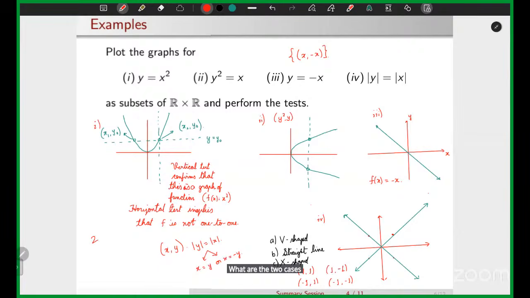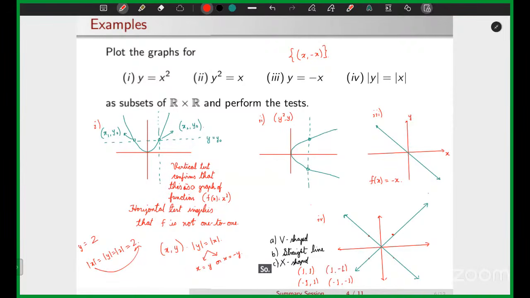So suppose I'm looking at y is equal to 2. I want mod x equal to mod y, which is actually mod 2, which is 2. What are the set of points which have mod x equal to 2? X is equal to plus 2 and minus 2.